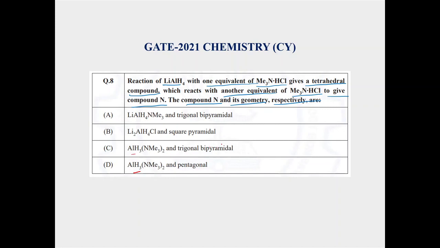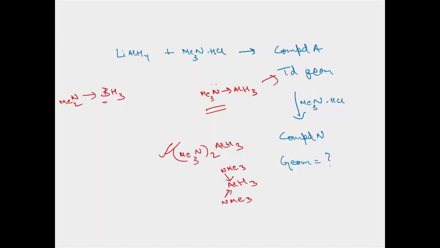Now what is the geometry of this complex? Earlier it was given that for compound A the geometry was tetrahedral. On adding one more ligand, what is the higher symmetry? It goes trigonal bipyramidal. Pentagonal we say if we have a planar molecule like this. This is a pentagonal shape.